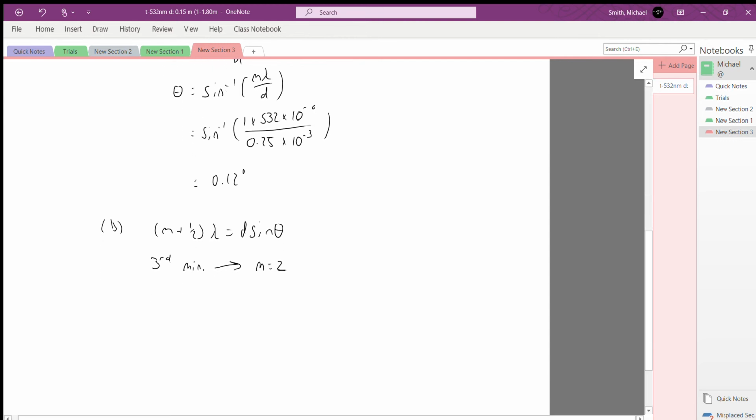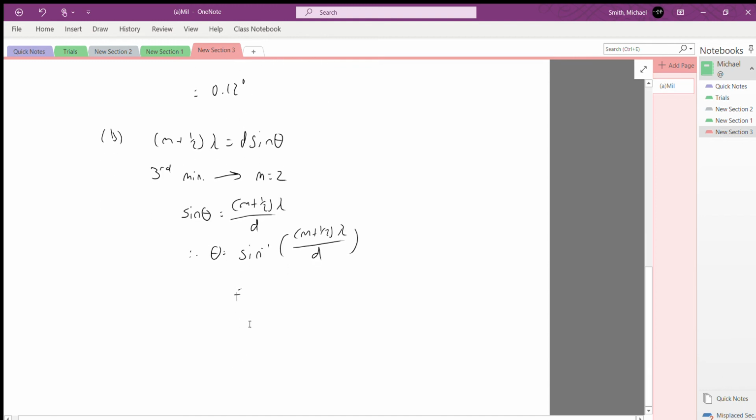Then it's just pretty much the same as what we did before, so we'll have sine theta equals m plus half lambda on d, therefore theta will be the inverse sine of m plus half lambda on d, and if we substitute the values in, it's easy enough.